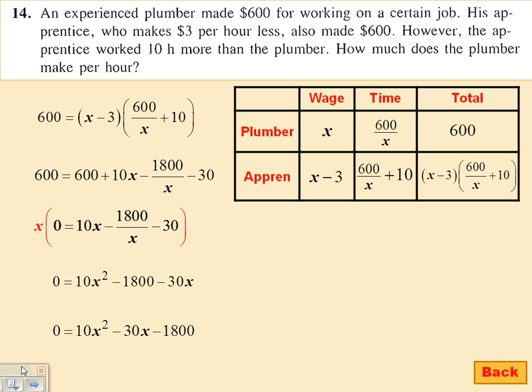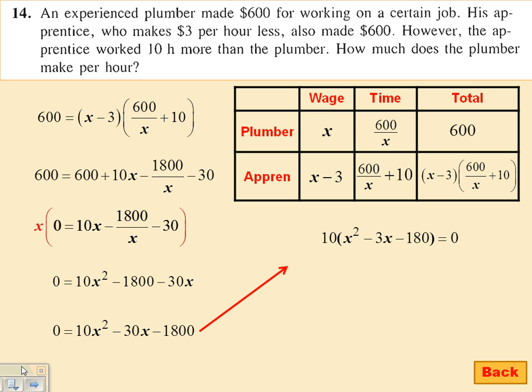So I'm going to have to do some factoring here to get my solution. But as you guys know, I could take the greatest common factor to make this a lot easier to do. What's the greatest common factor? Well, that's 10. So that's going to be 10 times X squared minus 3X minus 180.